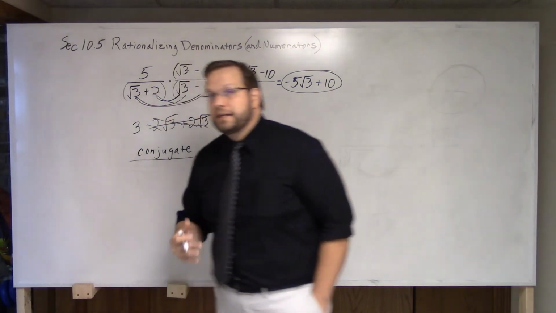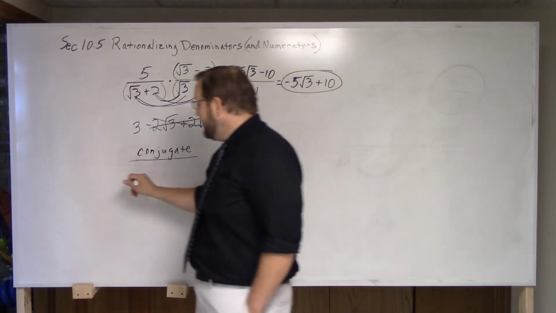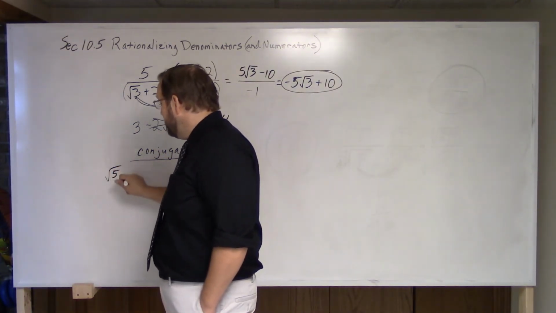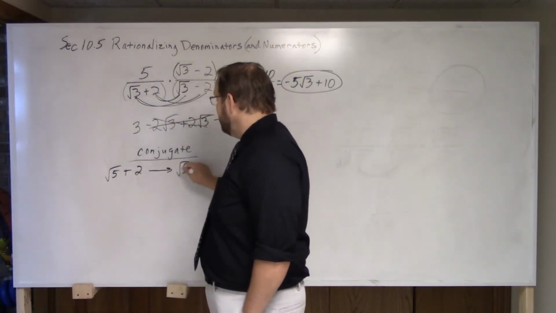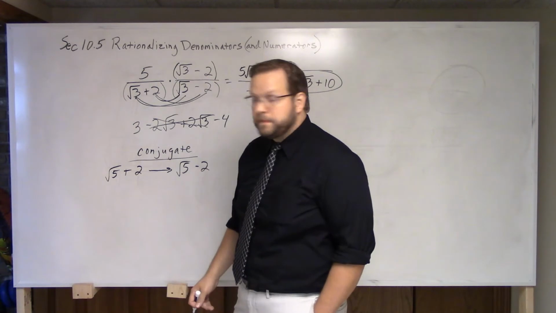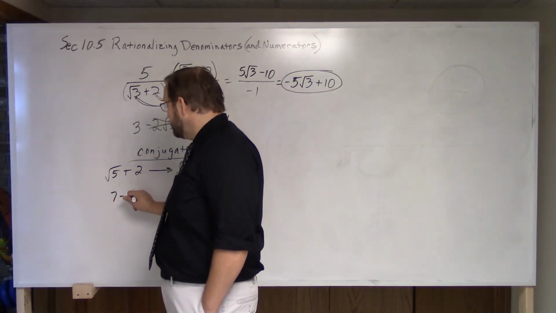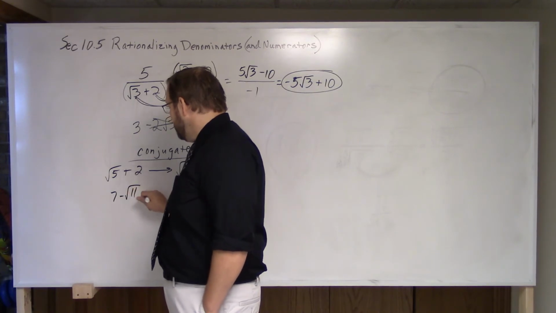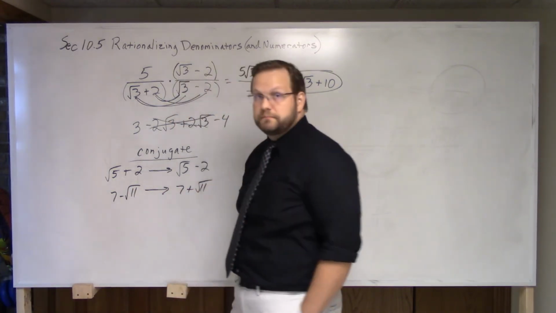Okay, now what is a conjugate? Same structure we have here. If I have a square root of 5 plus 2, the conjugate would be square root of 5 minus 2. If we had 7 minus root 11, the conjugate would be 7 plus root 11.